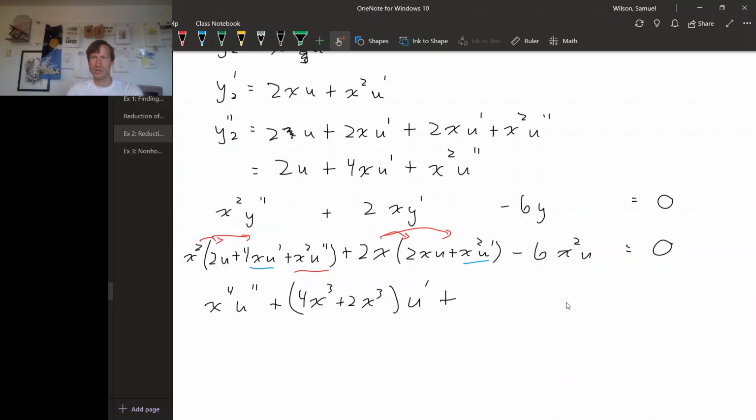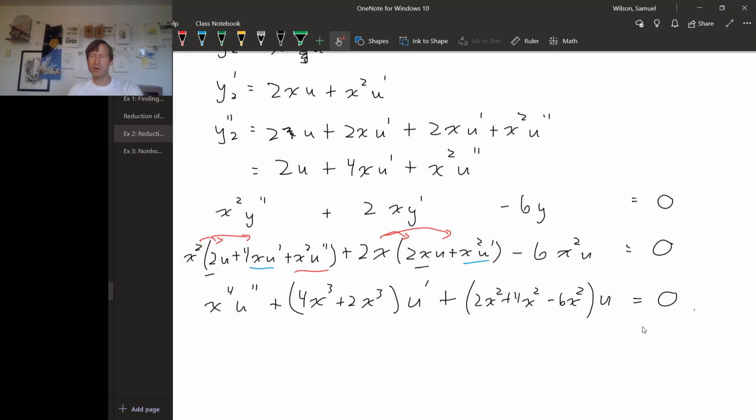Okay, now for our u terms. There's the 2x squared coming from over here, and then there's a plus 4x squared coming from here, and then minus 6x squared equals 0.